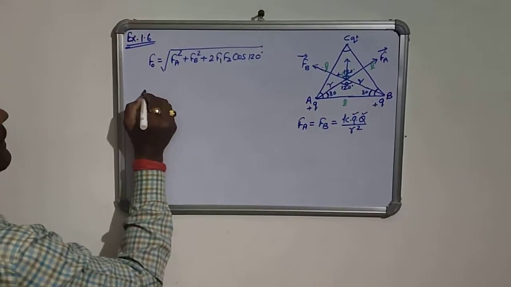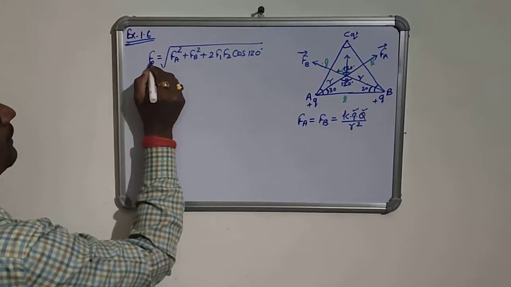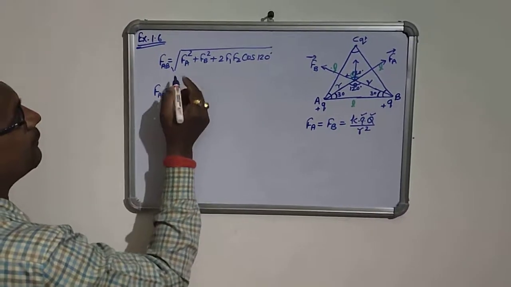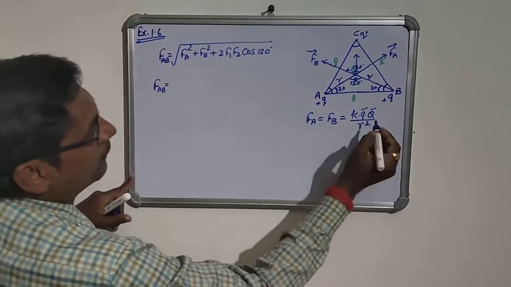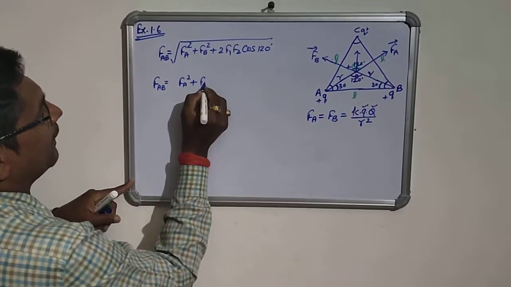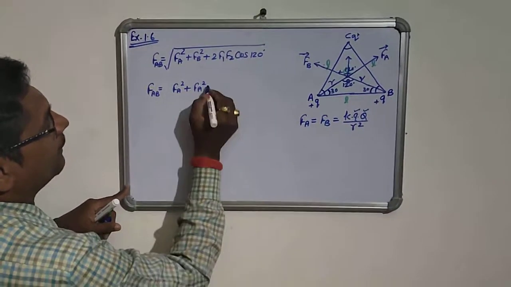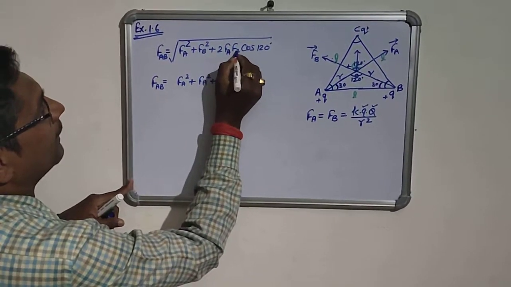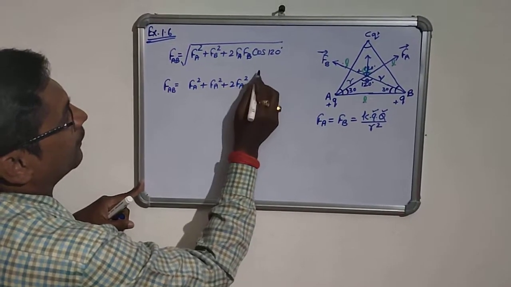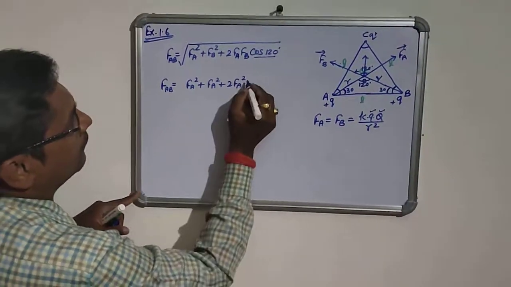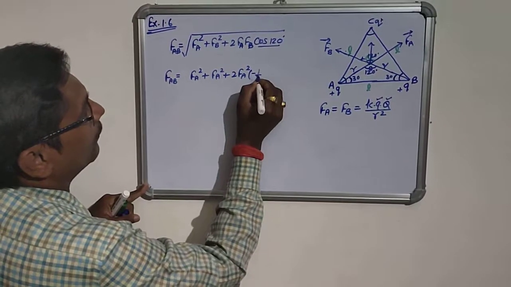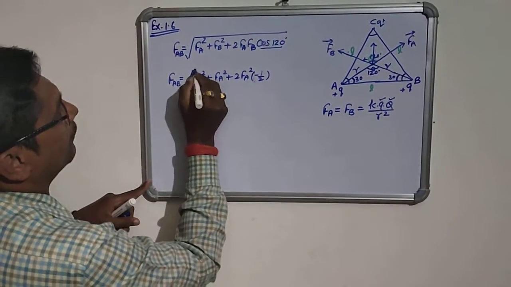So we can calculate FO, or in another way we can write FAB. FAB is equal to the square root of FA square plus FB square, and FB is also FA, plus 2 FA FB, that is 2 FA square, and the value of cos 120 degree is equal to minus 1 by 2, under the root.